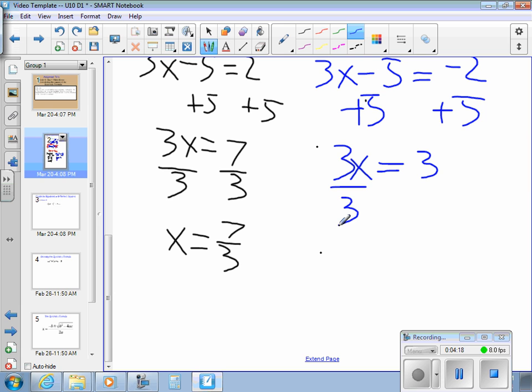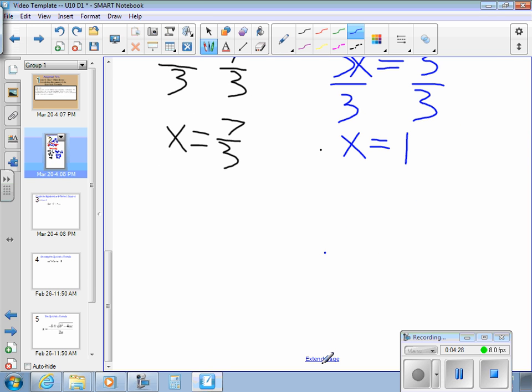So if I divide both sides by 3, I get x equals 1. And so now my answer is x equals, and why did I put that comma in there? Let's try this again. x equals 7 over 3 and 1. Okay.